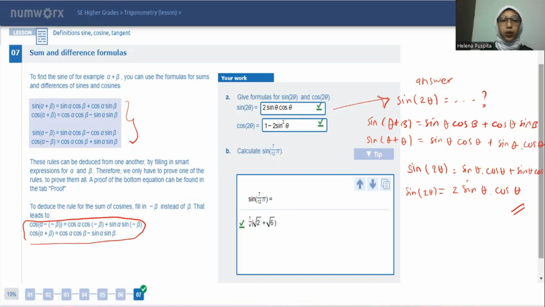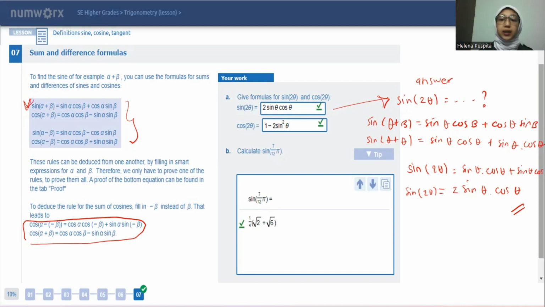Next, question A. Give formulas for sine 2 theta and cos 2 theta. Step 1 is sine of theta plus beta, which equals sine theta times cos beta plus cos theta times sine beta.